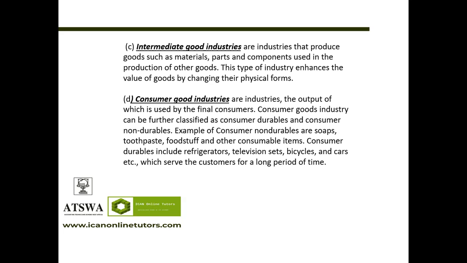Let's say, for example, you are producing fertilizer. There are some materials that you also need, for example the packaging you use to cover this particular product. You have to get it from other industry.